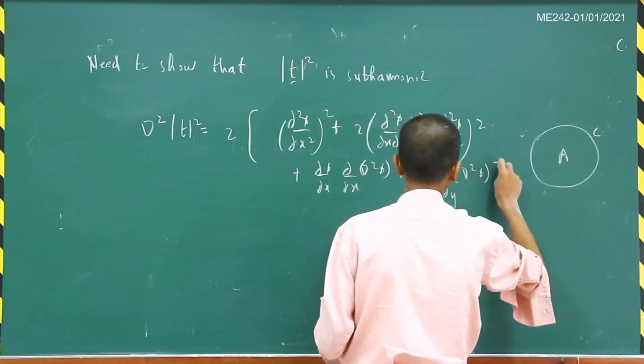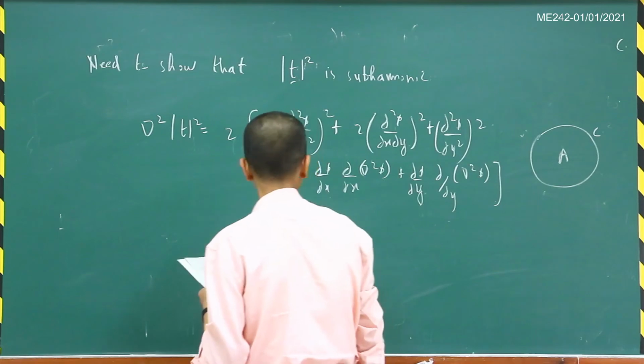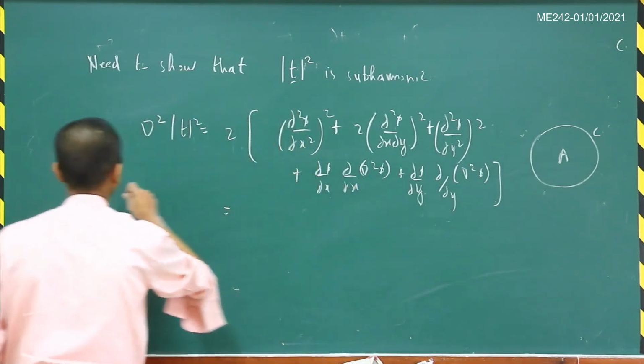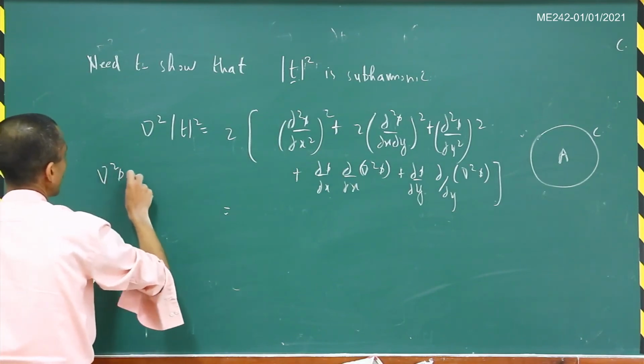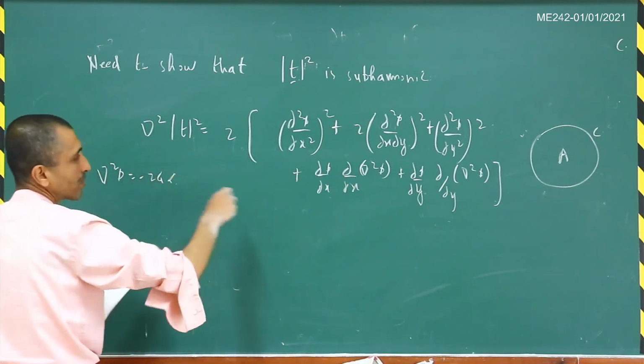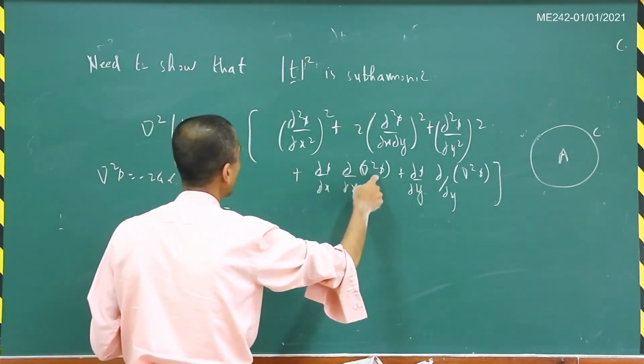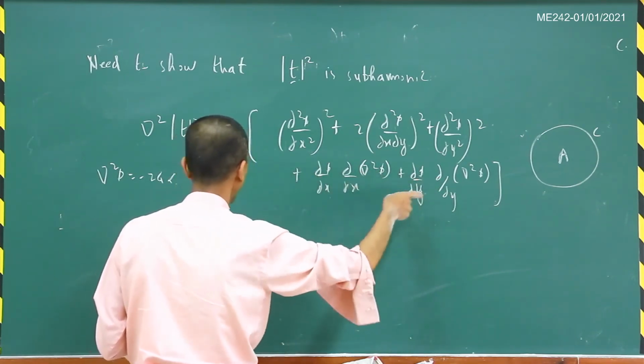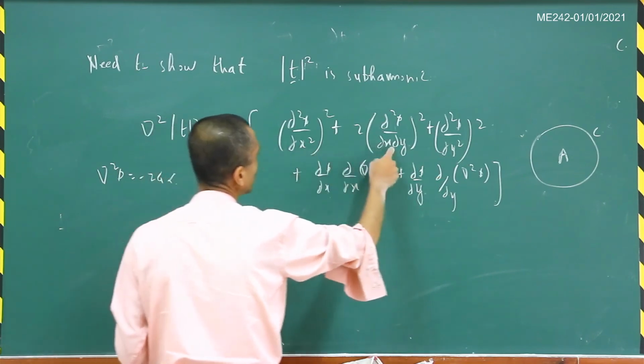And we know that, let me just simplify this. Del square phi is minus 2g alpha. So del by del x of this is just del by del x of a constant, and so these terms are going to go to 0. So only these terms will survive.